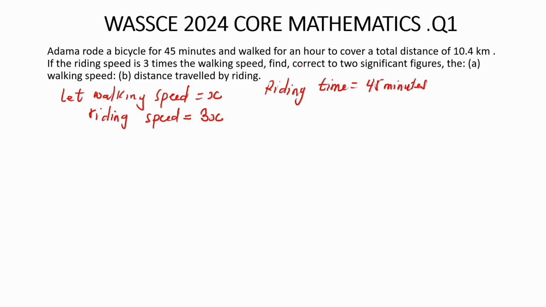But from the question, we have units such as an hour and kilometers. And so the best way is to convert minutes into hours. We are going to change 45 minutes into hours, so we divide 45 by 60 because 60 minutes make an hour. Then we get 3 on 4 in terms of hours.